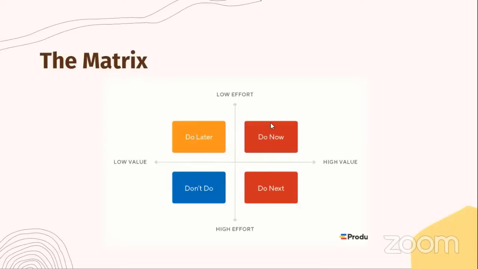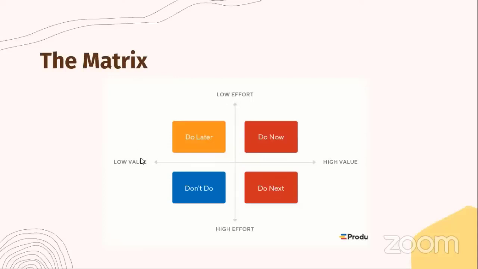Once you are done with all this, you want to move here. High value, high effort. This means that it's probably quite complex, but it still delivers very high value. So you're here, next.